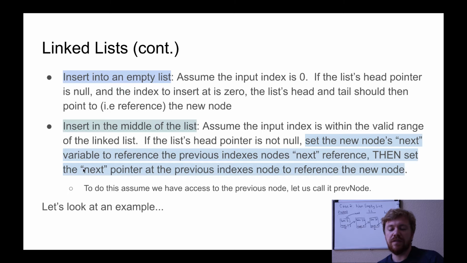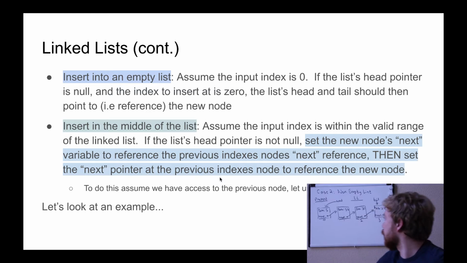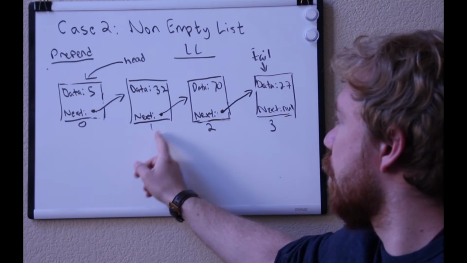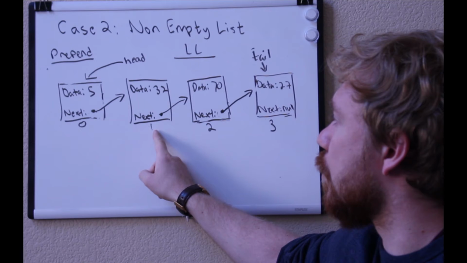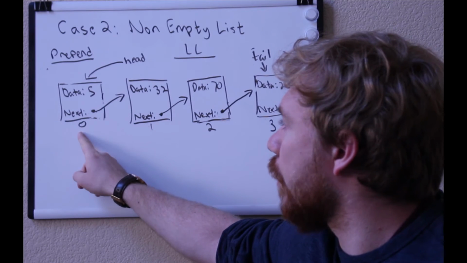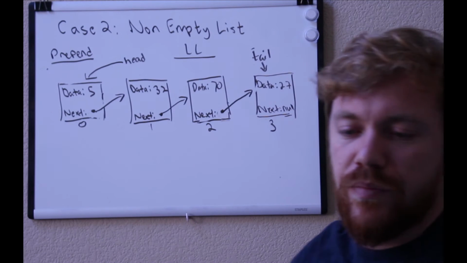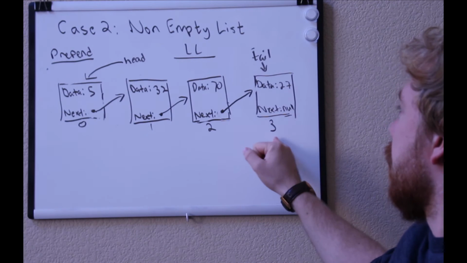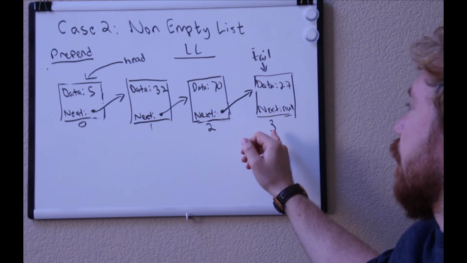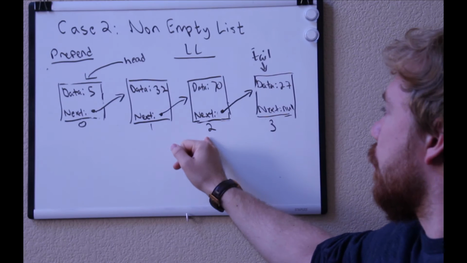Then set the next pointer, or variable, at the previous index's node. And so I'm saying previous index's node here, and all that means is just the previous node. So for example, if we're talking about node 1, the previous node to node 1 would be the node at index 0. Or for example, if we're at index 3, the previous node at index 3 would be index 2.